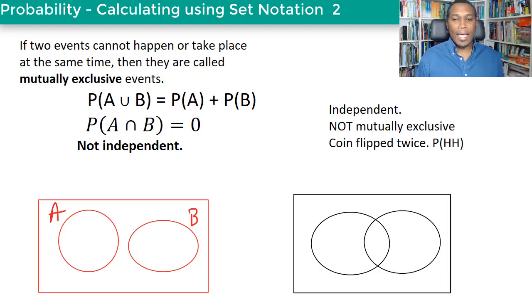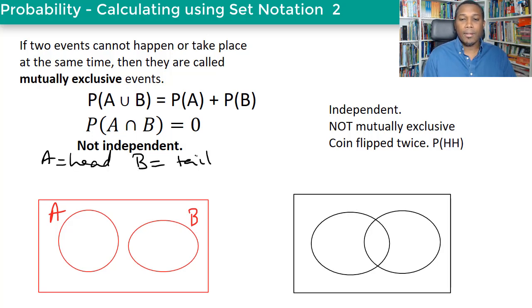Okay? Let's just look at this. Let's say A is the event getting a head, and B is the event getting a tail.